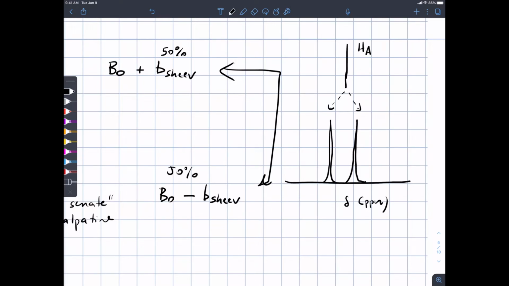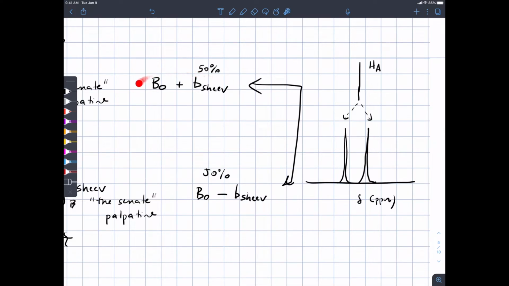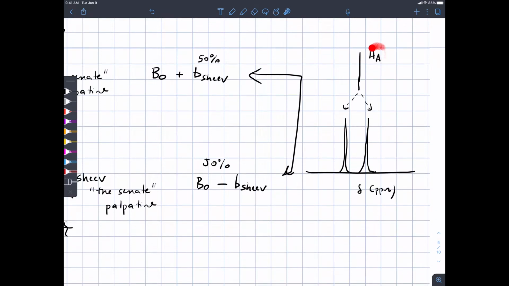And because 50% of the time Anakin experiences this environment and 50% of the time this environment, we're going to see the signal for Anakin split into what we will call a doublet. It's a 1-to-1 doublet in the sense that these peaks have the same intensity. They're copies of each other. If you integrated the area under the peaks, it would be 50-50%, okay?